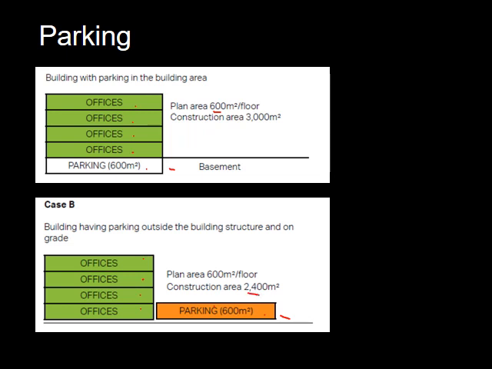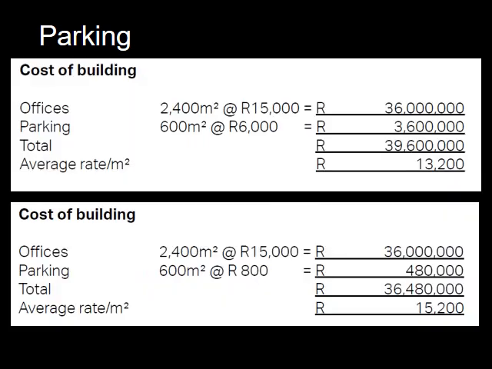So you've got 2,400 square meters of building, and you've got 3,000 square meters worth of building. Now I'm going to get into the detail just now. So then we look at two scenarios. For scenario one, or case one, you've got 2,400 square meters times a rate of 15,000 Rand per square meter. So it's 36 million for this office building.